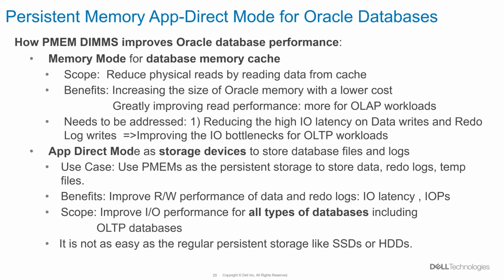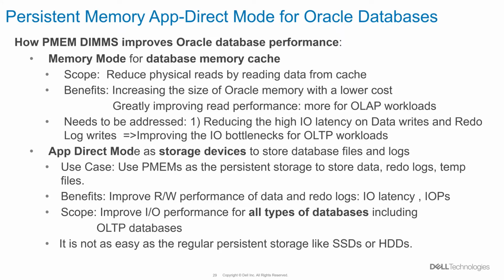You already saw that performance-wise, persistent memory mode provided almost the same speed as DRAM, but by using PMem you have much bigger capacity to cache the entire database. But this only solves half of the story.